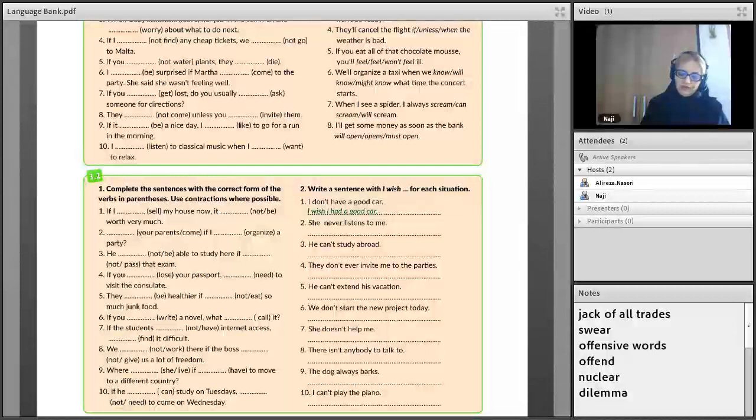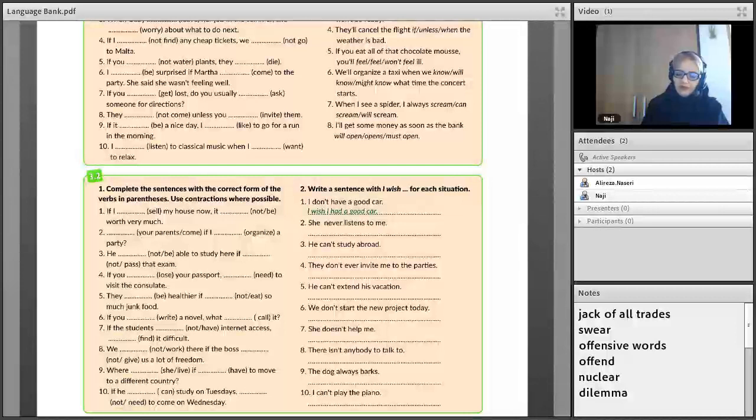Number two, would your parents come if I organized a party? Number three, he wouldn't be able to study here if he didn't pass that exam.